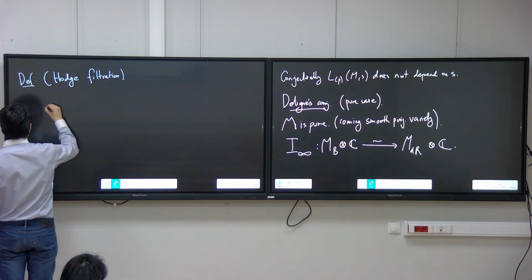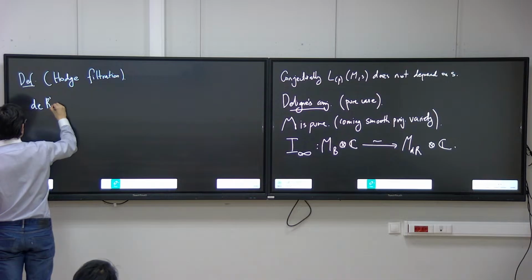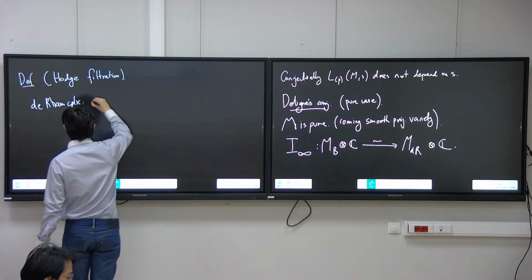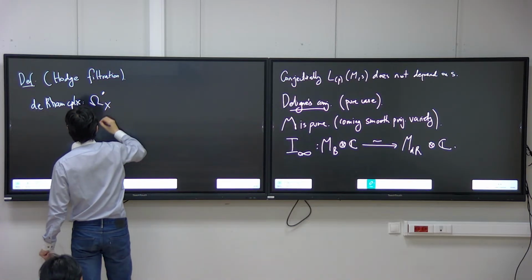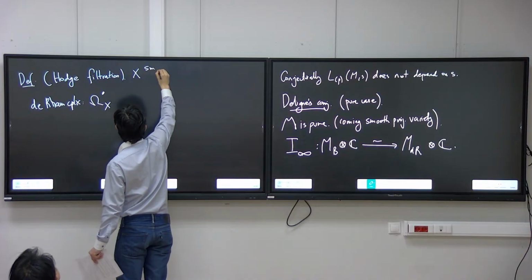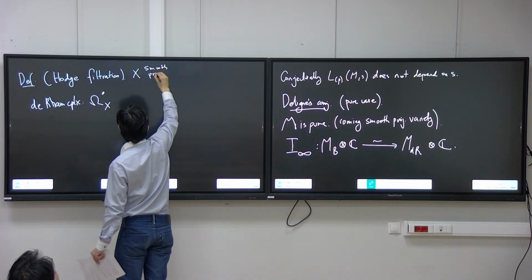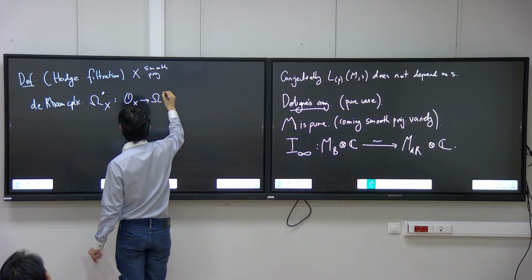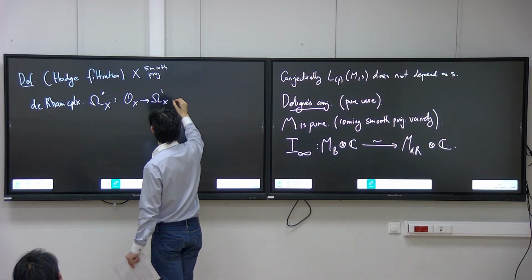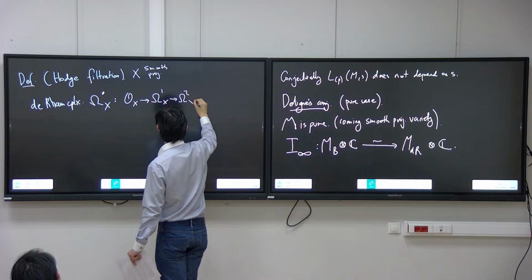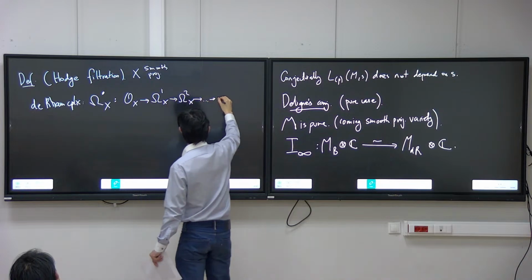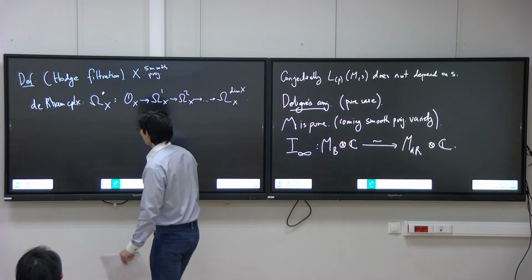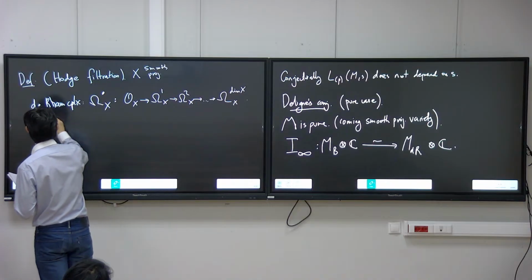So I have this de Rham complex, where X is smooth projective, starting from the structure sheaf to differentials of first order, then of second order, all the way to the dimension of X. And then I also have the kind of naive filtration.